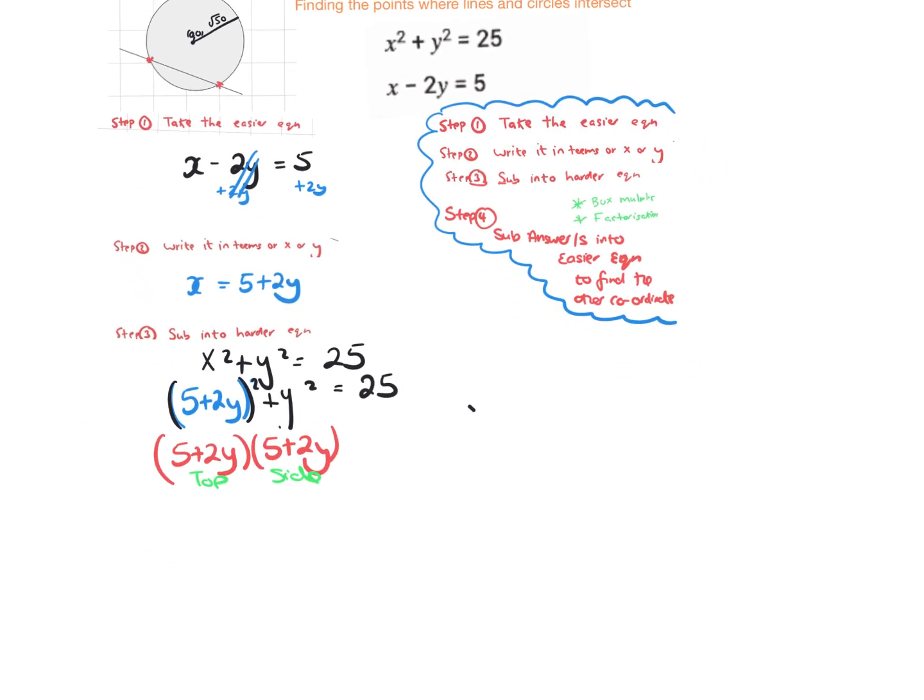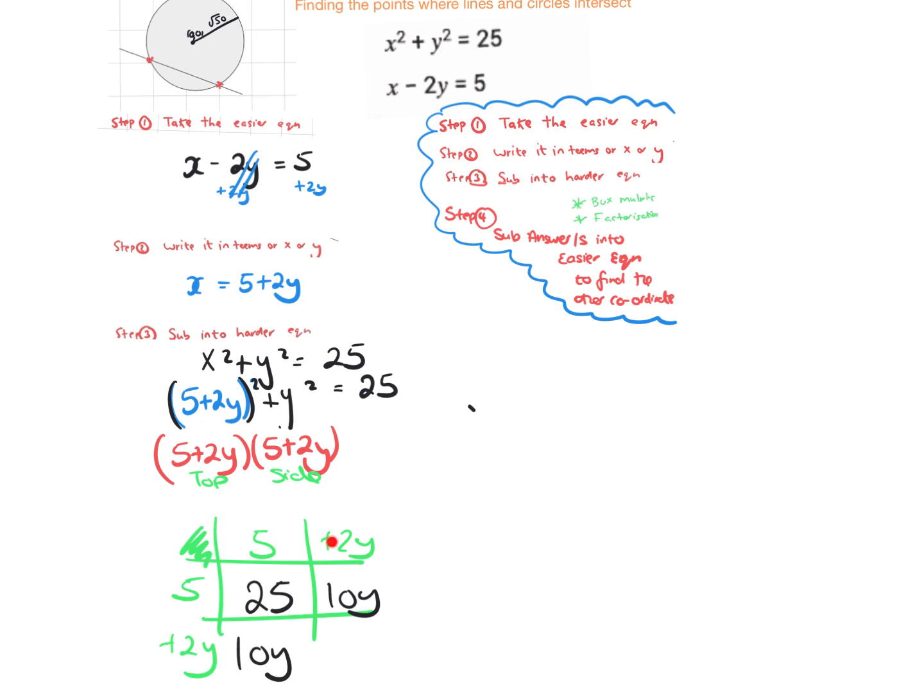So when we draw our boxes, we know we are multiplying. On the top I have 5 and plus 2y, and on the side I have 5 and plus 2y. I'm going to multiply 5 by 5, 25, 5 by 2y, 10y, 2y by 5, 10y, and plus by a plus is plus, 2 2s are 4, and y by y is y squared.